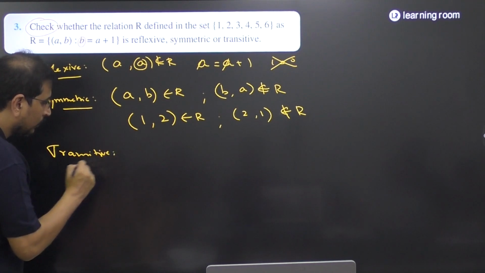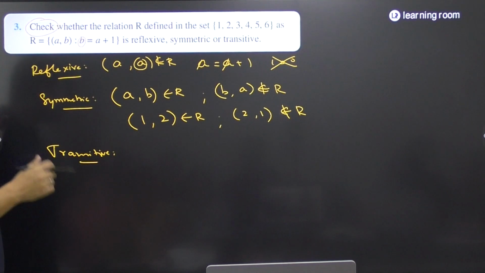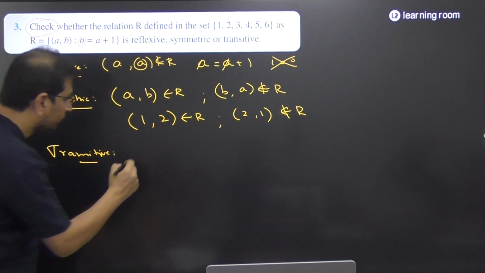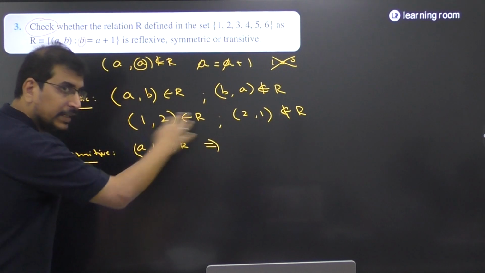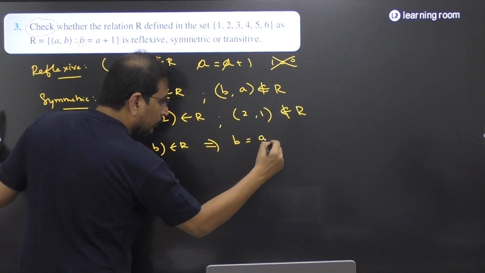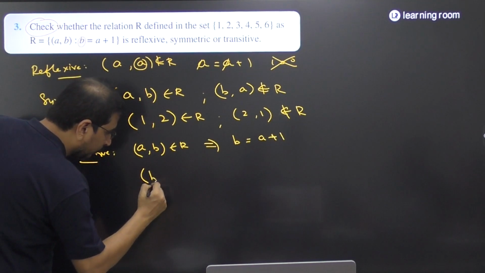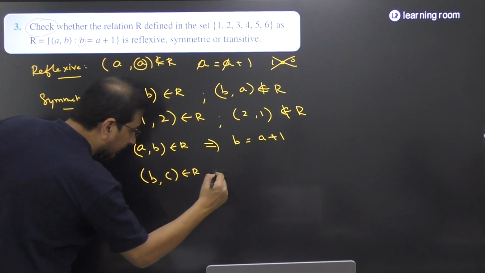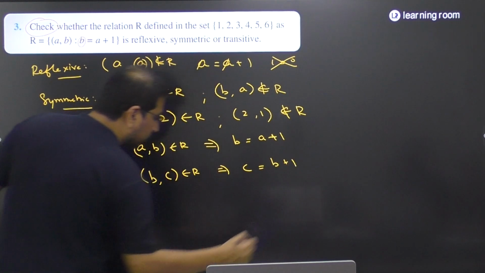Not transitive. How did you do it? Did you use numbers or did you take it like this itself? Okay. (a, b) belongs to R. So what I do is I'll parallelly keep writing the mathematical operation. What is the meaning of this? b is equal to a plus 1. If I assume (b, c) belongs to R, which implies c is equal to b plus 1.